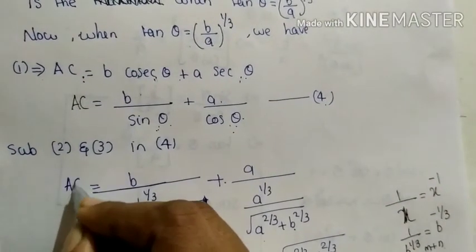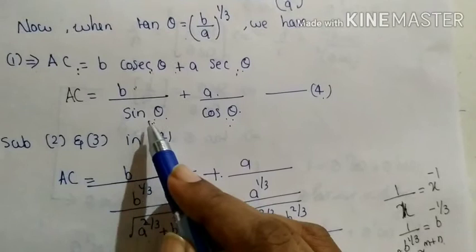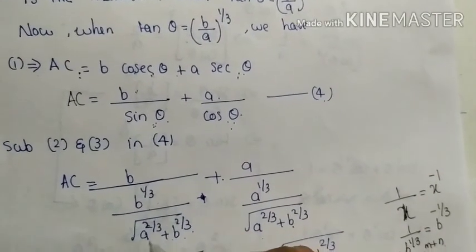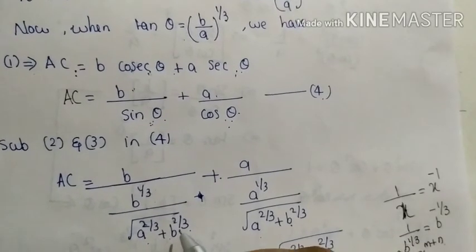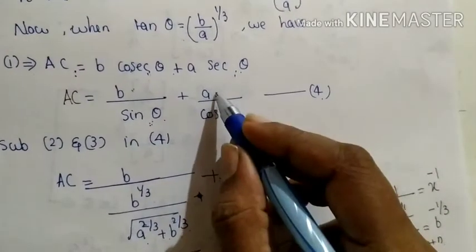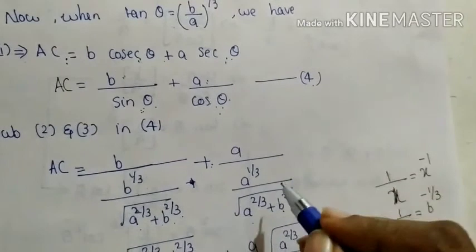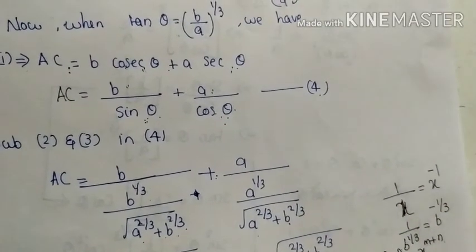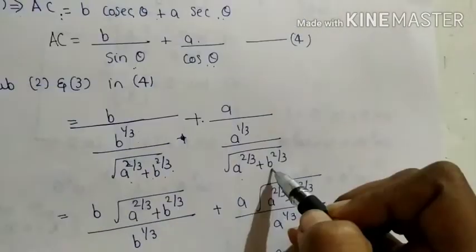our AC as b divided by the value of sin theta, which is b raised to 1 by 3 divided by root of a raised to 2 by 3 plus b raised to 2 by 3, plus this a divided by the value of cos theta, which is a raised to 1 by 3 divided by root of a raised to 2 by 3 plus b raised to 2 by 3.